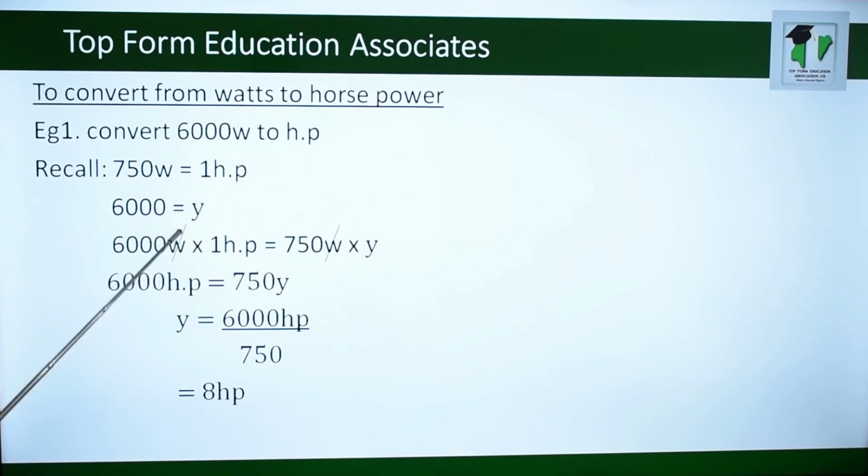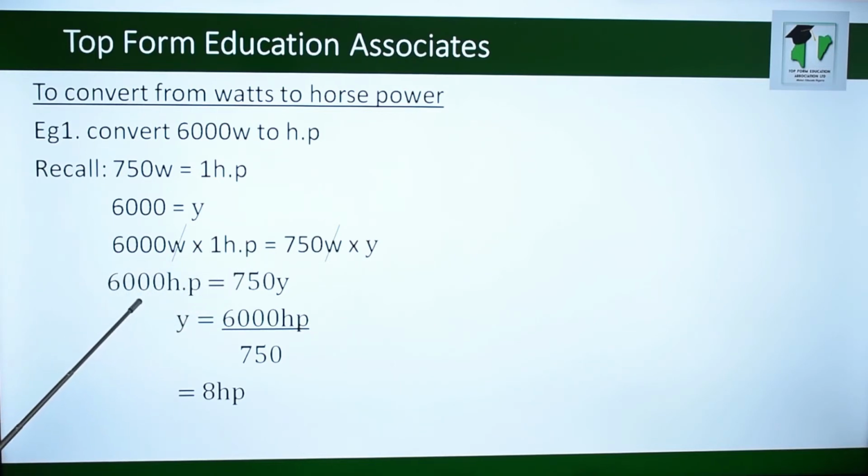So if you cross multiply, you have 6,000 watts times 1 horsepower is equal to 750 watts times Y. So we have 6,000 horsepower, because this watts here, we cancel out the watts here. We are now left with 6,000 times 1 horsepower.